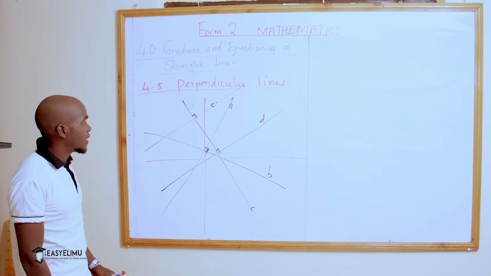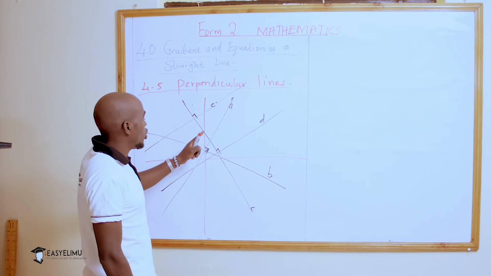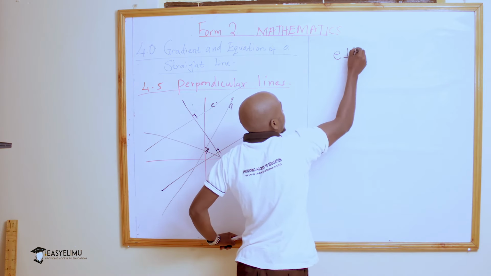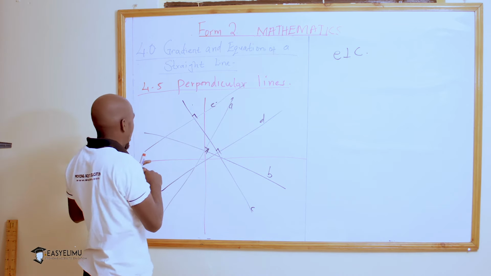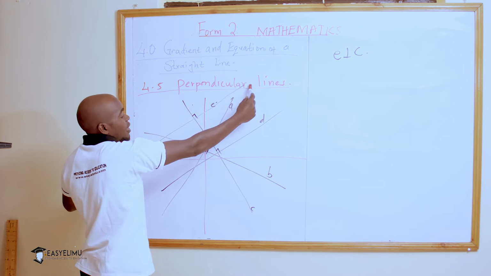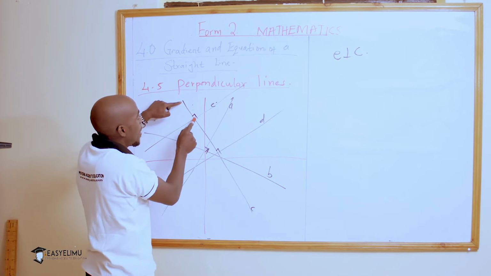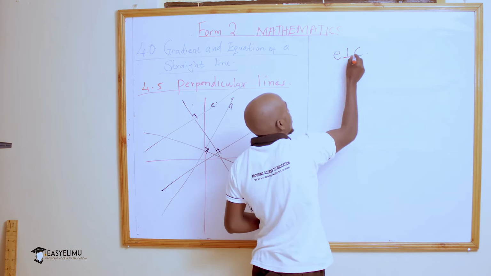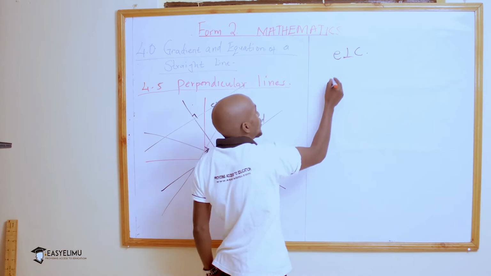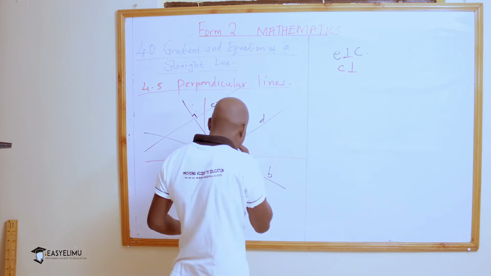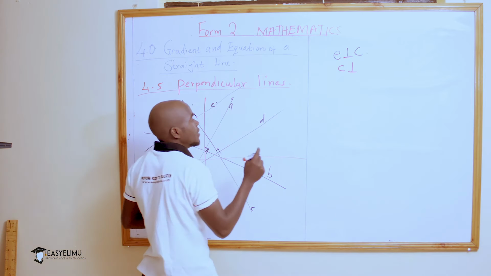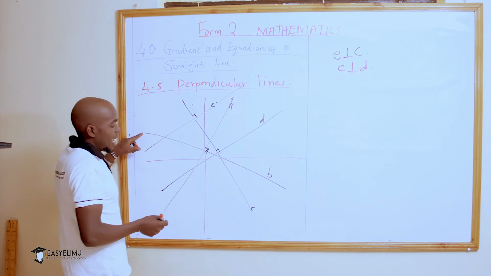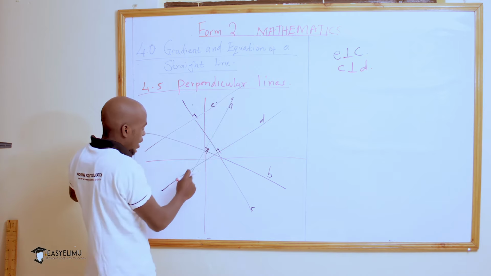So you will find that line E is perpendicular to line C. We can abbreviate it as this. Line E is passing this way, but cuts line C perpendicular at this point. So it is perpendicular to line C, and also line C is perpendicular to line D. But you can see line A, which is this one here.